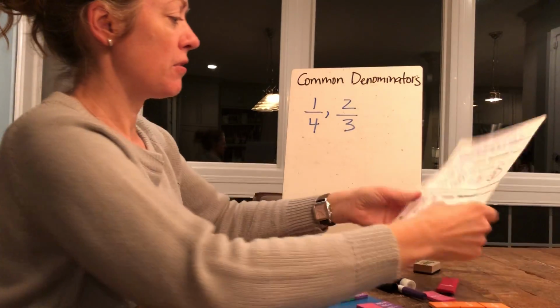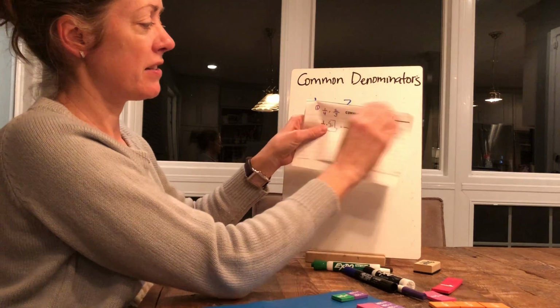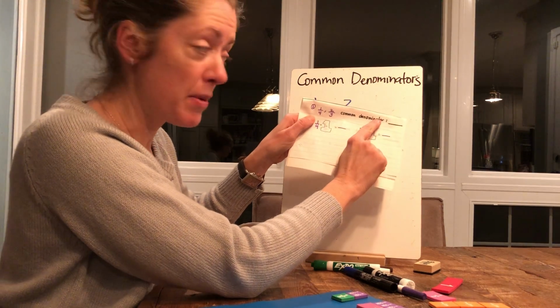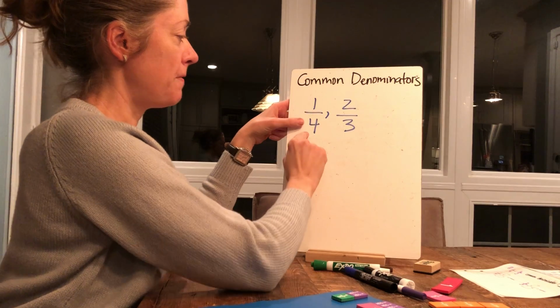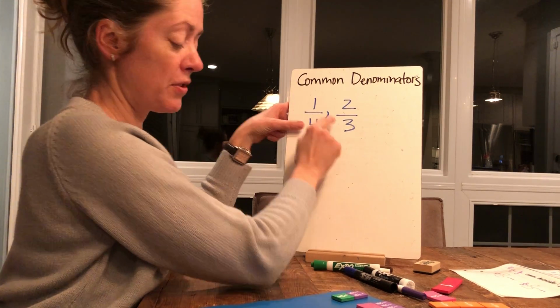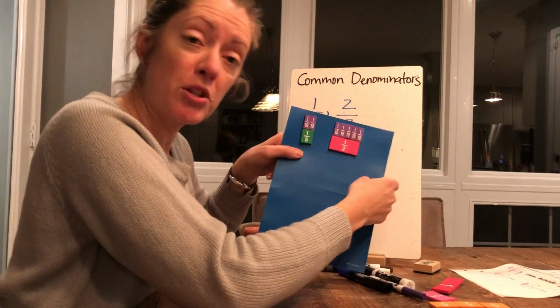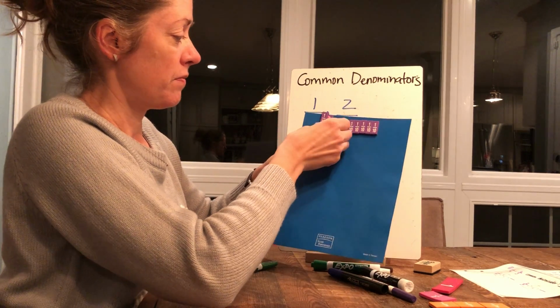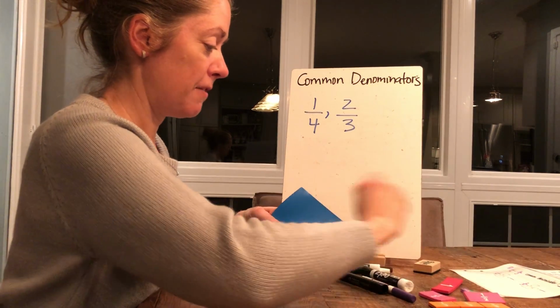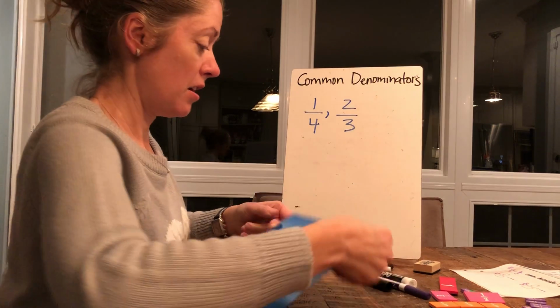And it says here the first thing we need to do, right, is find a common denominator. So I want you to think 1/4 and 2/3. If you need to use the fraction bars, go ahead and stop the video and do that. We can do it here too if you want, if that helps you to figure it out.